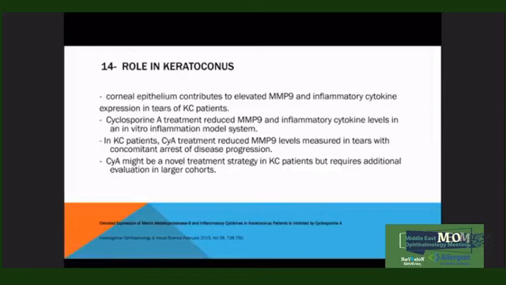So a study published in IOVS concluded that in keratoconus patients, cyclosporine treatment, by reducing the MMP9 level in the tears, also caused concomitant arrest of the disease progression, which they documented topographically. So cyclosporine might be a novel treatment strategy in the future for KC patients, but definitely requires additional evaluation in larger studies.